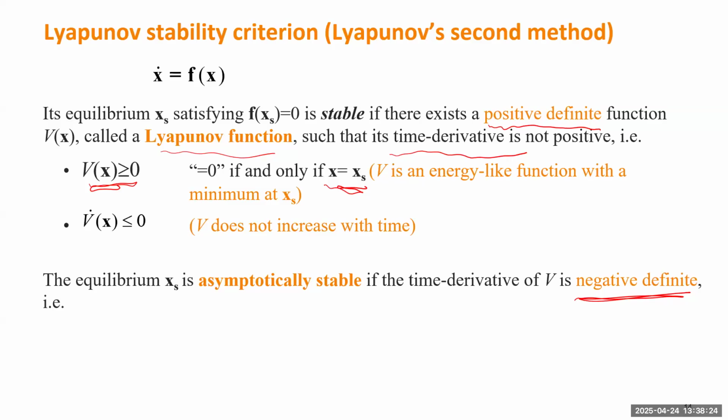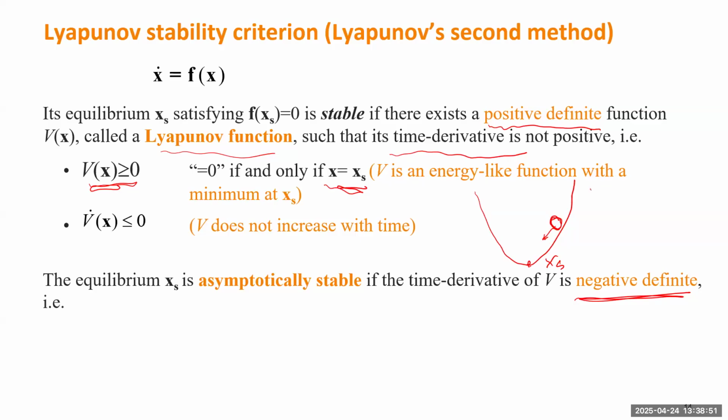At equilibrium it can be zero, but as long as it's not at equilibrium, it will be negative. Just to give one example, if this surface is like this one and the ball is moving on the surface, it has to be negative definite. So the bottom point has to be asymptotically stable, because the ball will move down. It cannot stay on that surface.